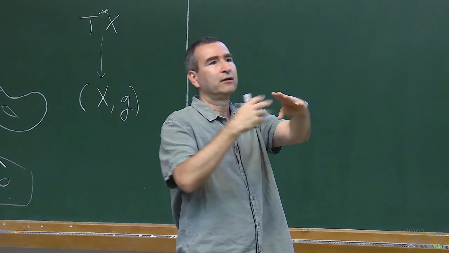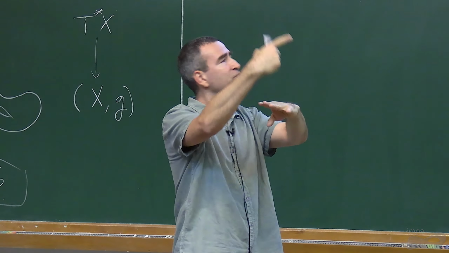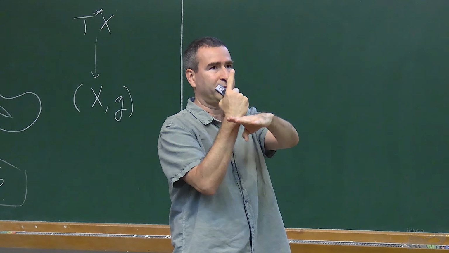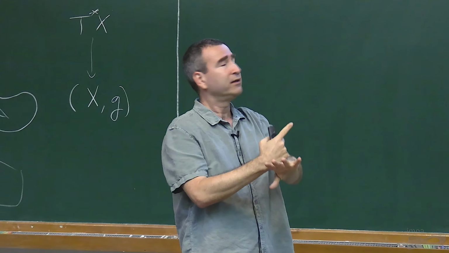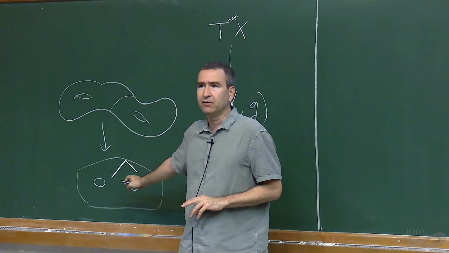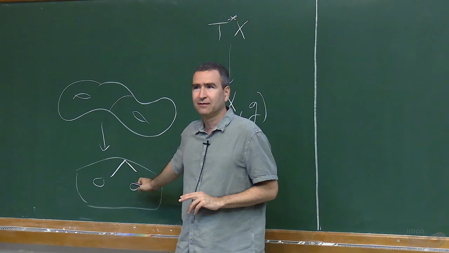You have a certain convex domain, and this convex domain controls the geometry. This is the Minkowski norm that you have on every fiber. So the projection is not the usual Euclidean billiards, but Minkowski billiards, and the reflection law is not the Euclidean one. In other words, if instead of K times T you started with K times B, where B is the Euclidean ball, it would be just the usual billiards that we see in this particular picture. Does this make sense?